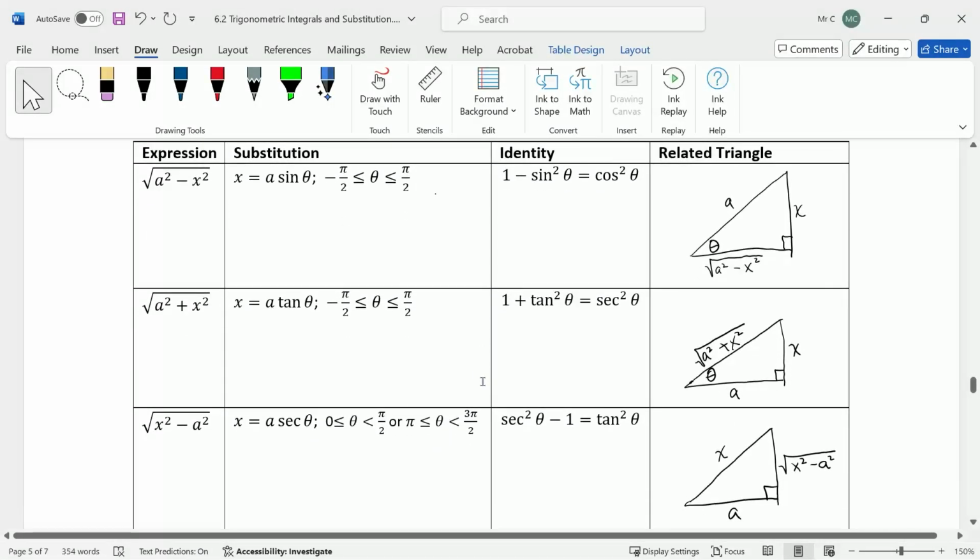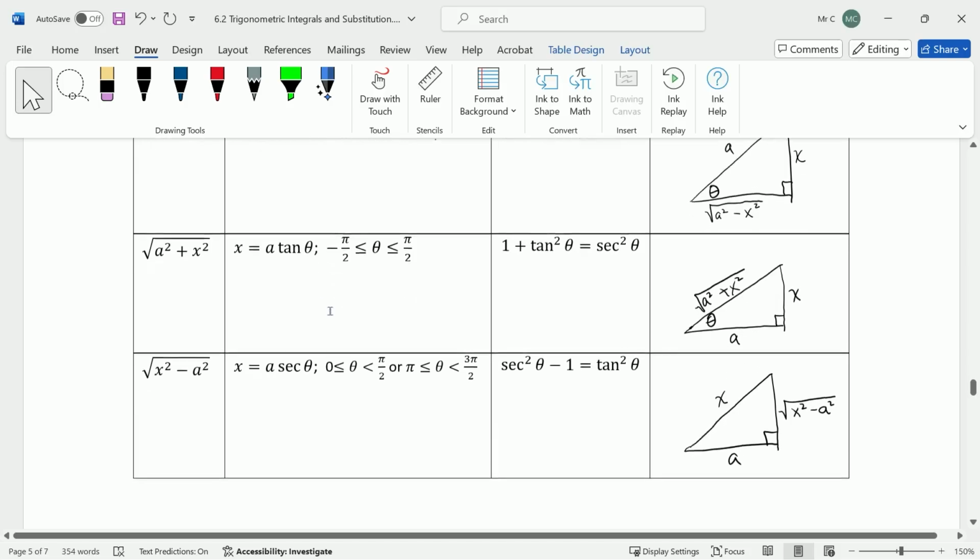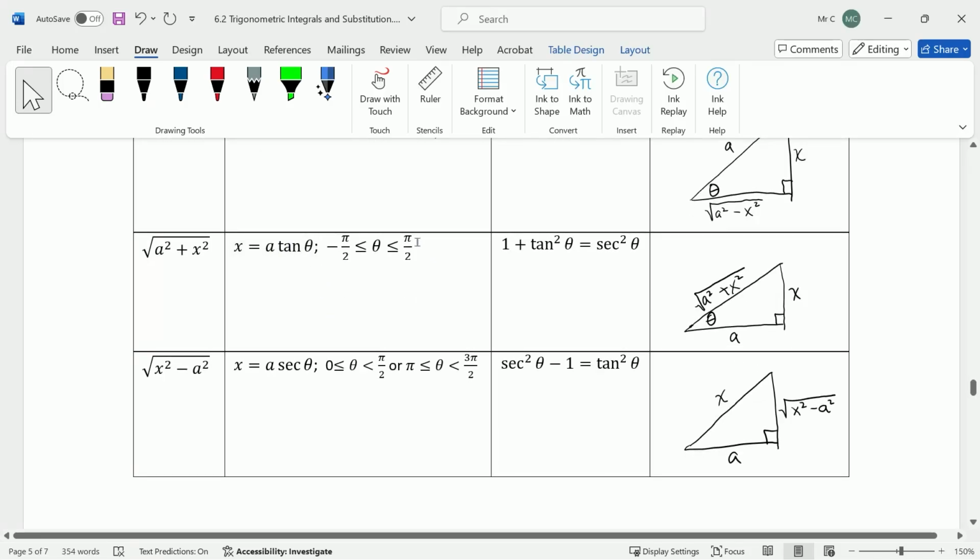And last bit of summary on this is just to look at this table. That's basically the same information, but we've also got our related triangle here. And we've also got our restriction written down. So when we're substituting sine of theta, we restrict theta to negative pi over 2 to pi over 2. When we substitute tangent of theta, we do the same restriction as for sine.